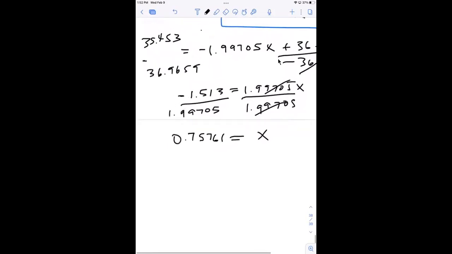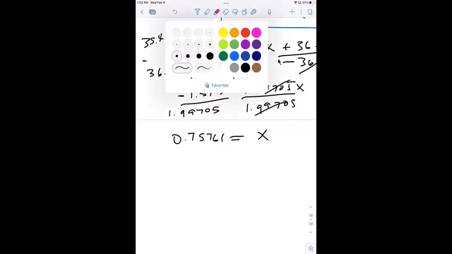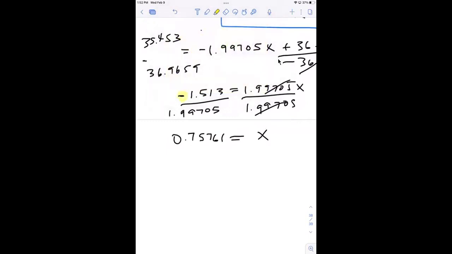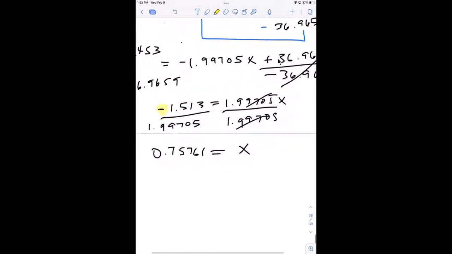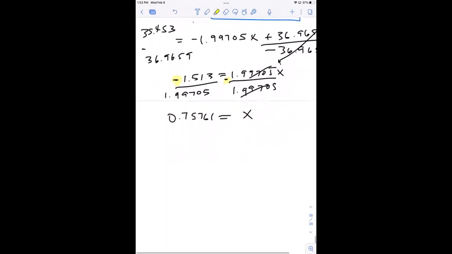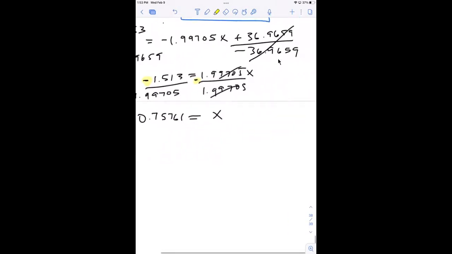And keep in mind, I fudged on this a little bit because I didn't acknowledge those negative signs, but there's a negative sign in front of both of these, right? So this is a negative, there's a negative sign here also. So you can just drop those, right? Or when you divide that negative 1.99, it's going to cancel. So either way is fine, but you're not going to get a negative number. So that is x.